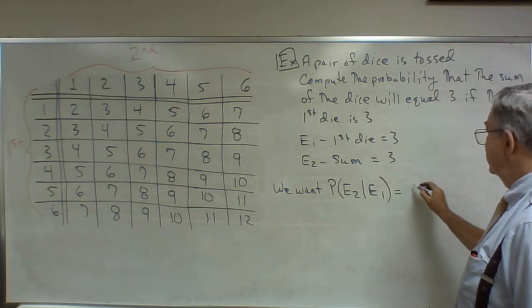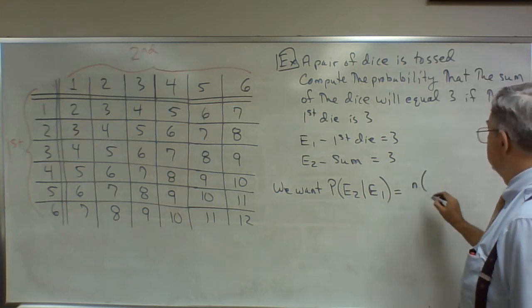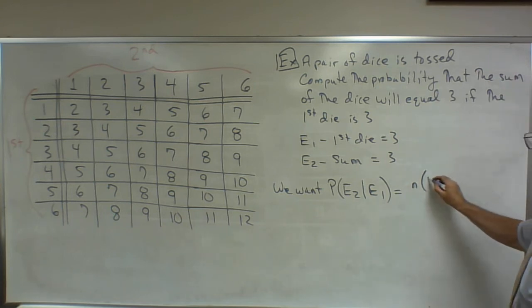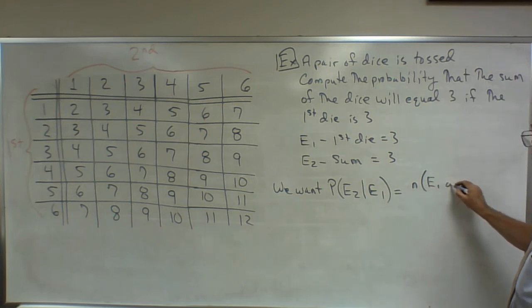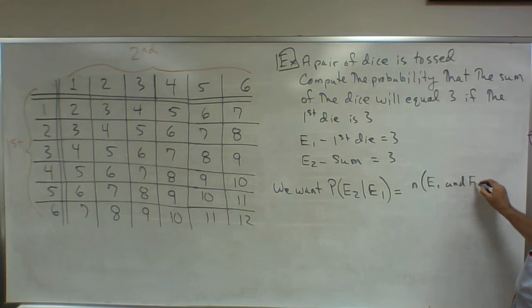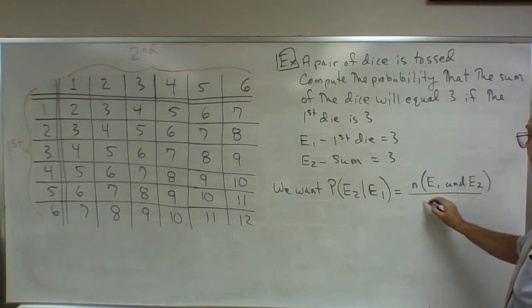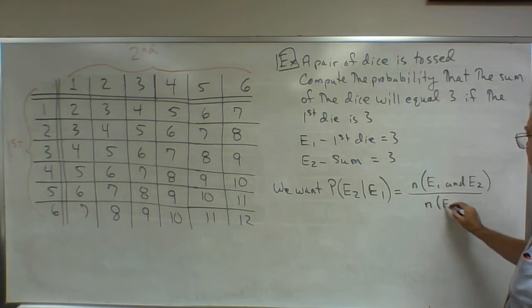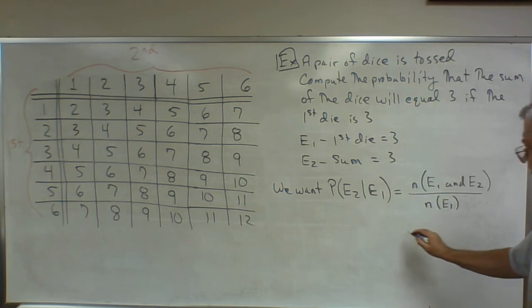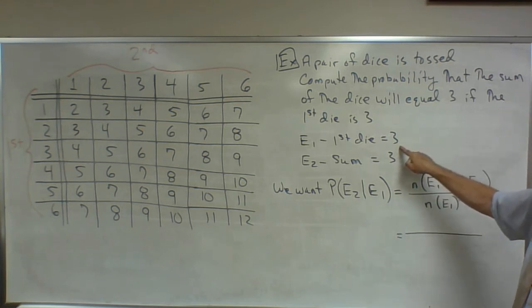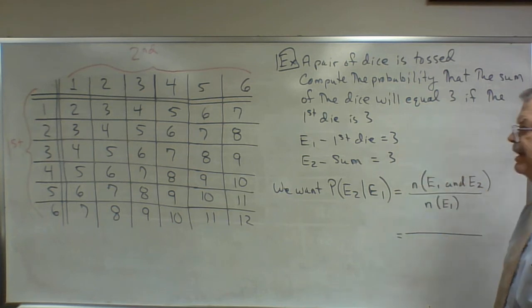And what we get is the number of ways that E1 and E2 can occur over the number of ways that E1 can occur. And E1 is the event that the first die is a 3.